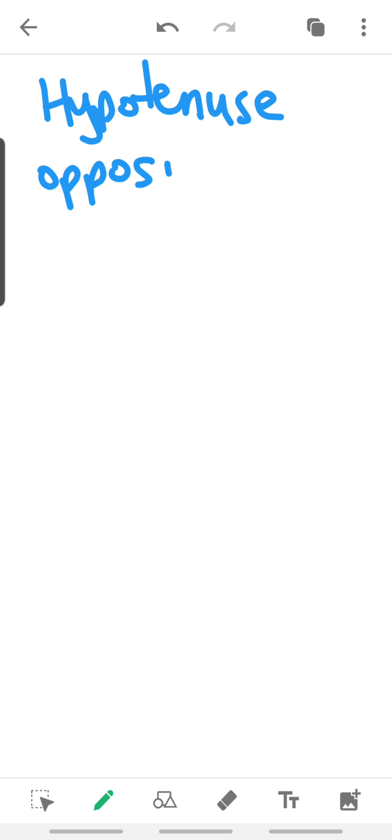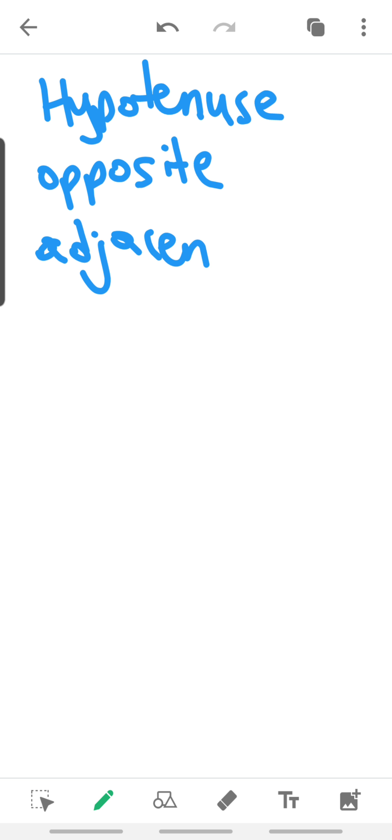Opposite is just as it is, the side that's directly opposite to the given angle. And then we also have our adjacent side. So our adjacent side is that side that is right next to the given angle.